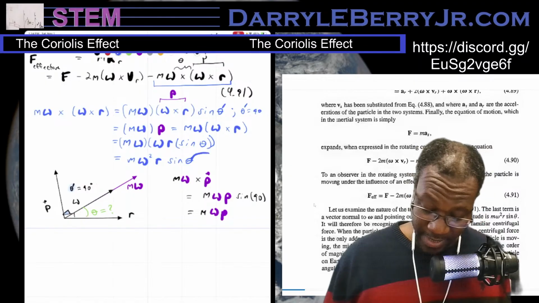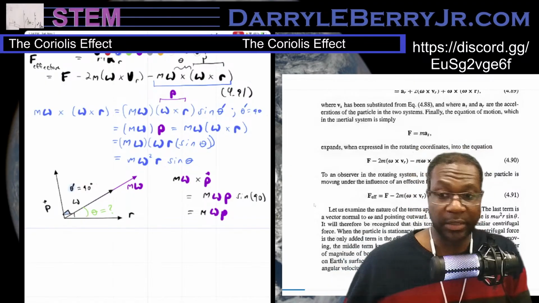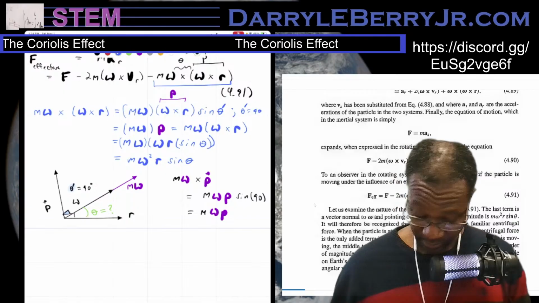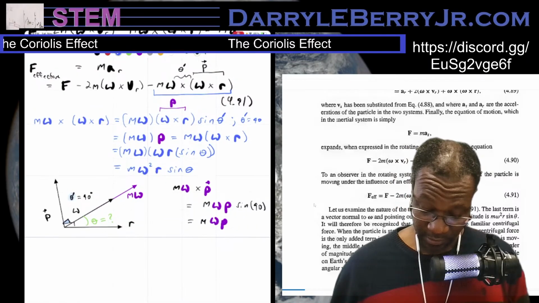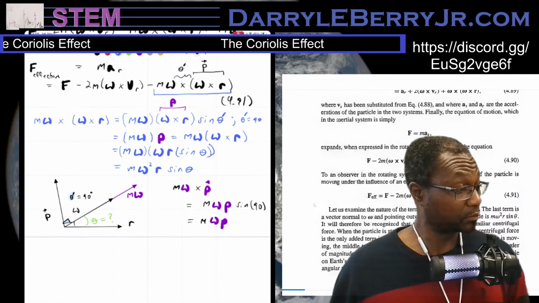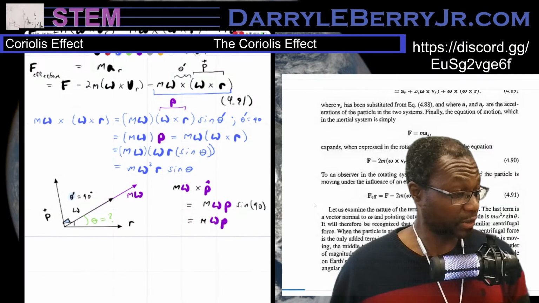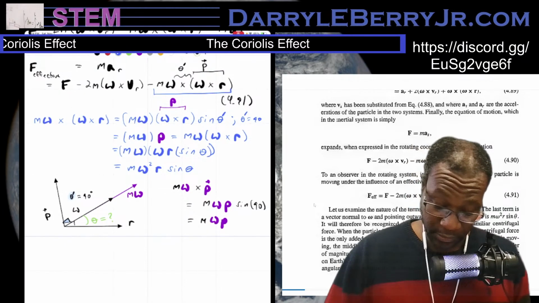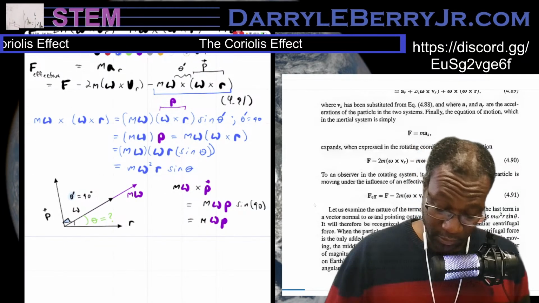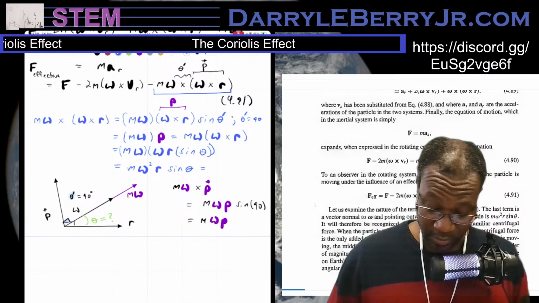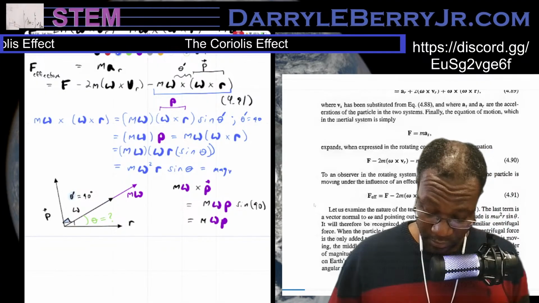So then you just leave that as theta. That's easy enough. So that is pretty neat, I would say. So this equals the magnitude.